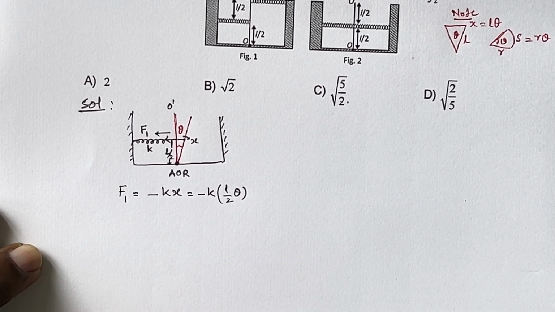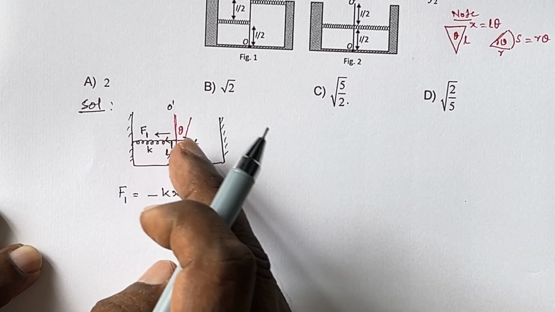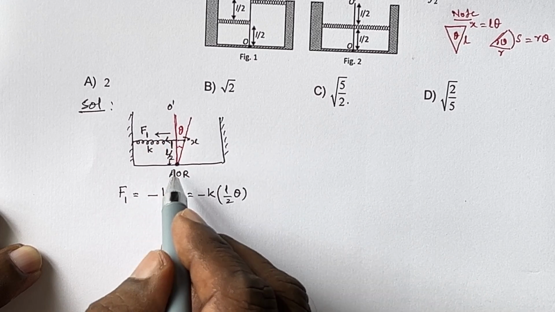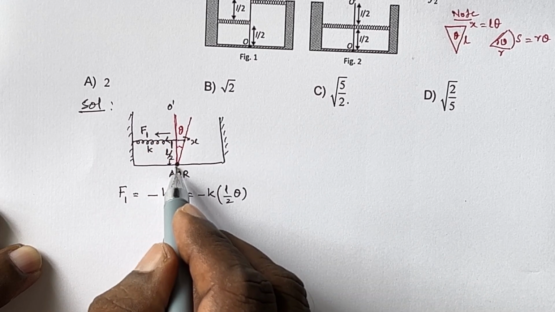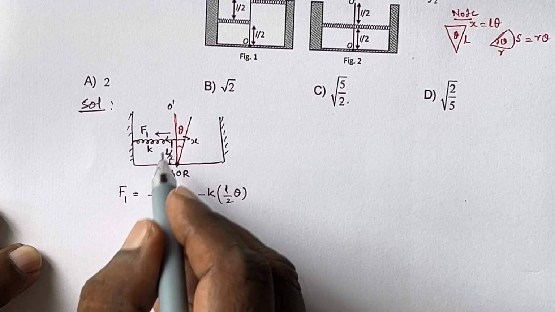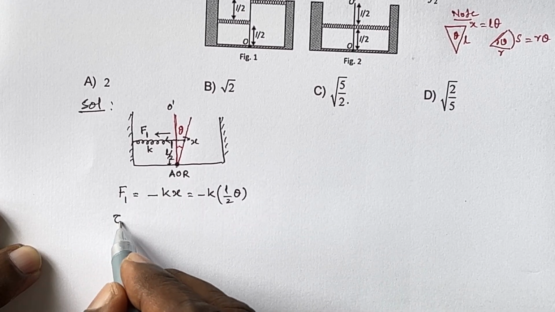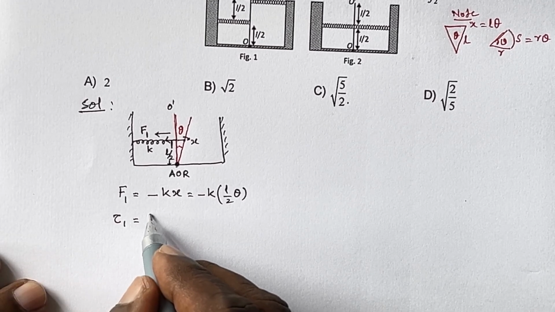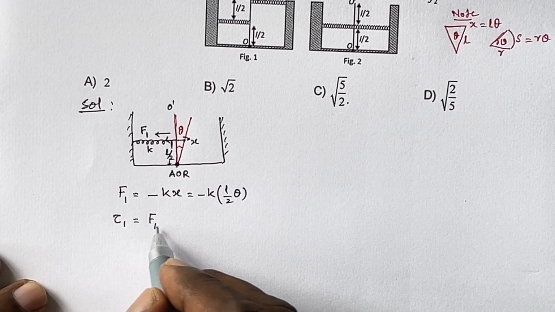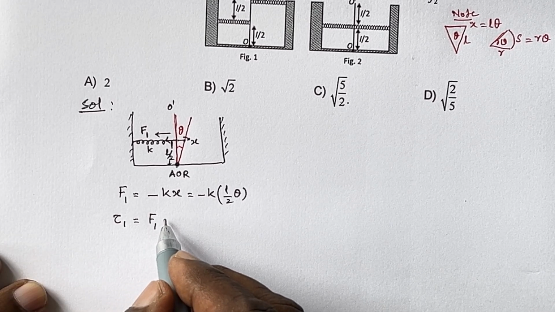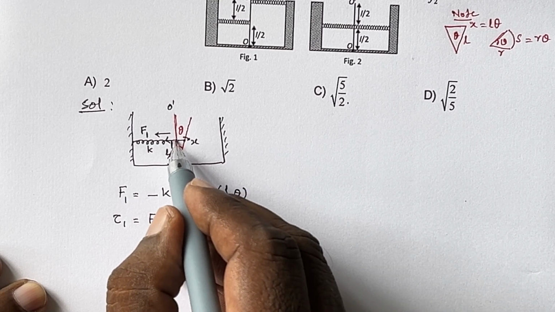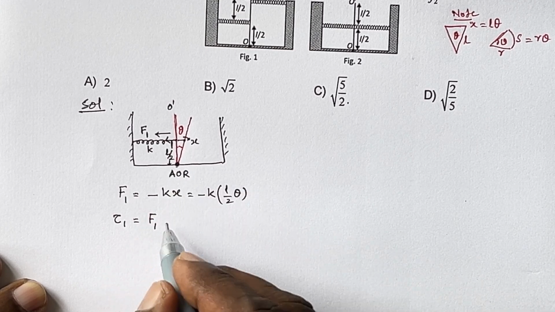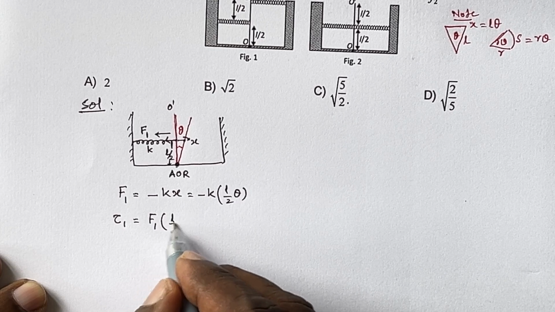This is the force, then it is moving here and oscillating. The axis of rotation is at O. So about this axis of rotation, the torque on the rod is equal to force into the perpendicular distance between the point of application of force and the axis of rotation, that is L by 2.